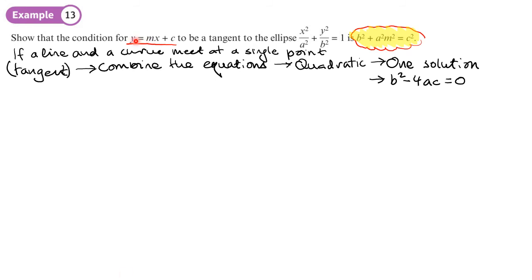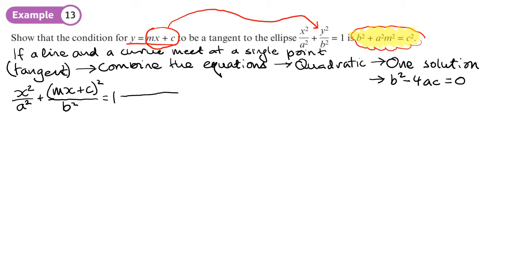Now, since the first equation's got y equals mx plus c, I can simply take the mx plus c and slot it in where y is. So that's going to be my first step. So x squared over a squared plus (mx plus c) squared, so there's a substitution, over b squared equals 1.